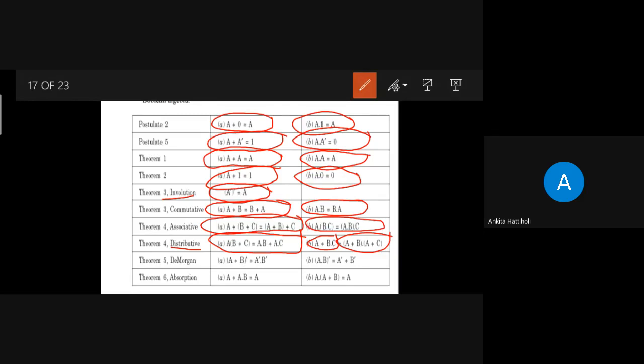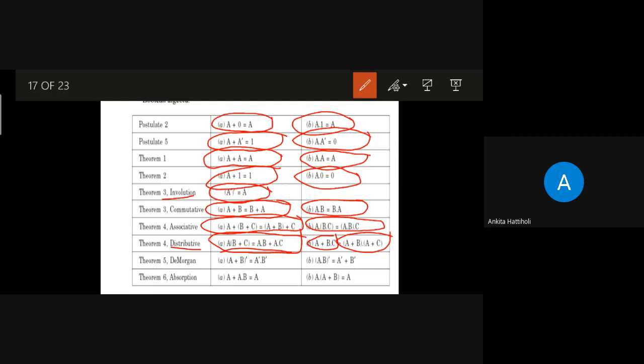Then you have De Morgan's theorem, which says the operator is changed from AND to OR, or OR to AND.